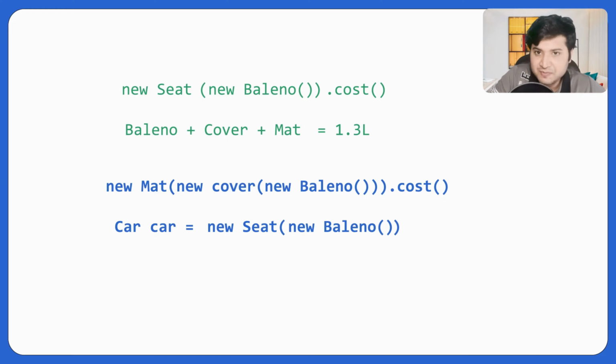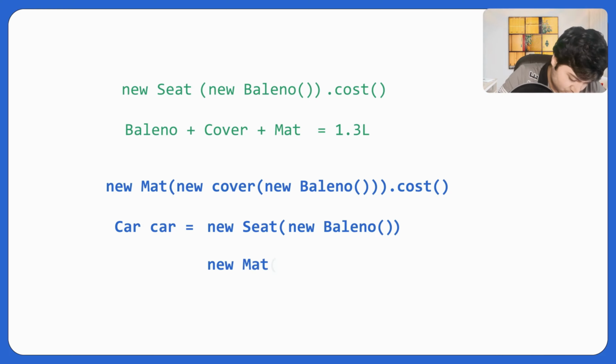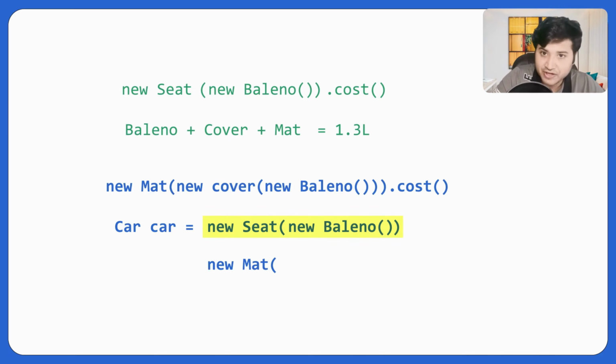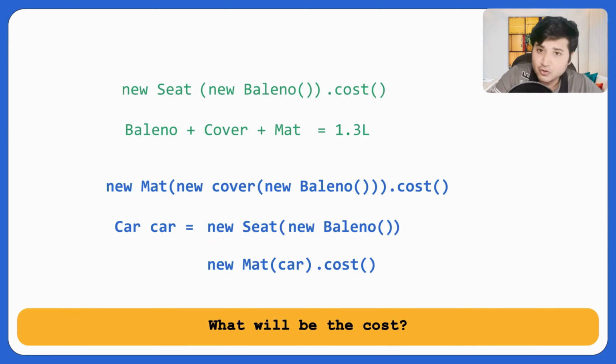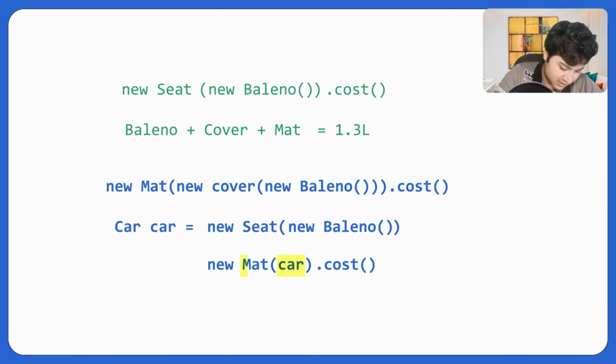Now you asked me to add mats also to it. So what would I do? New mat, what will it ask for? It will ask for a base object. On what did I want to add my thing? I want to decorate this car, which is of base type. Now I want to find the cost, right? Cost would be the cost of this plus mat's cost, which was 10k.